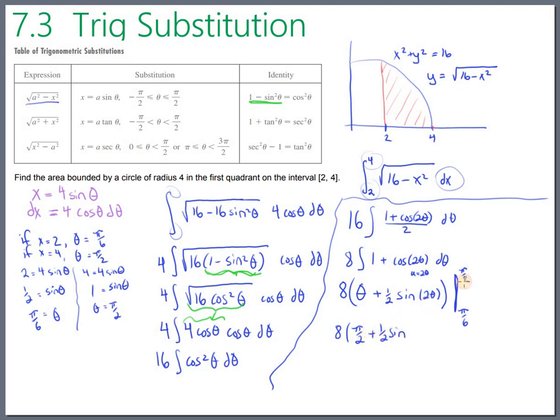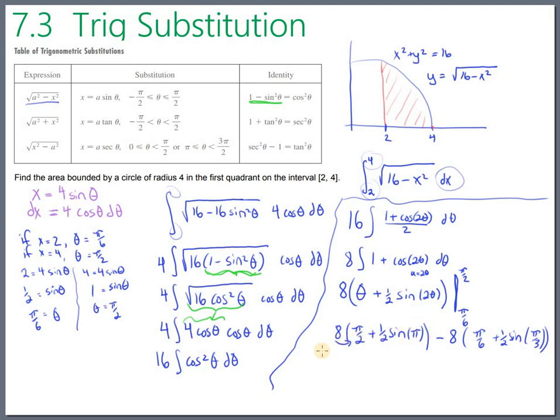1/2 sine, let's see, 2 times pi over 2 is just pi. So there's pi over 2 plugged in, minus pi over 6, plus 1/2 sine 2 times pi over 6, which is pi over 3. And we still just have a little bit of work to do as far as distributing the 8s and evaluating some trig functions.